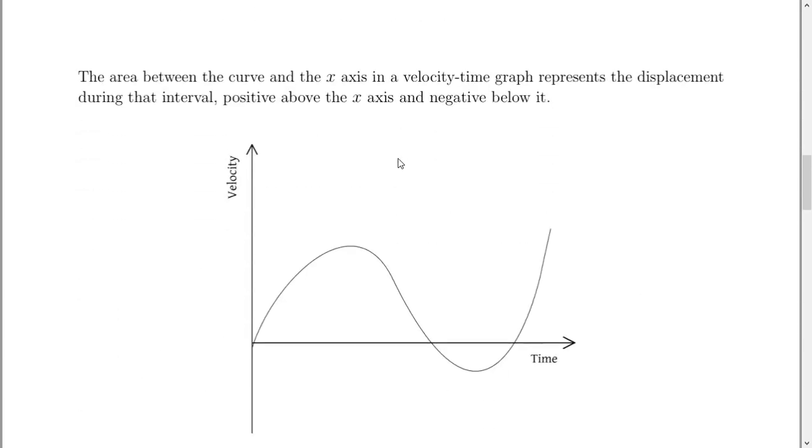Now in a velocity time graph, we know that the area between the curve and the x-axis represents the displacement during any interval of time. The area above the x-axis represents a positive displacement and the one below represents a negative displacement. And displacement is basically the change in position.